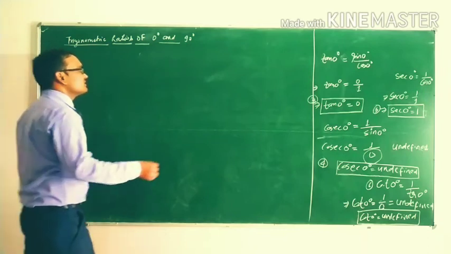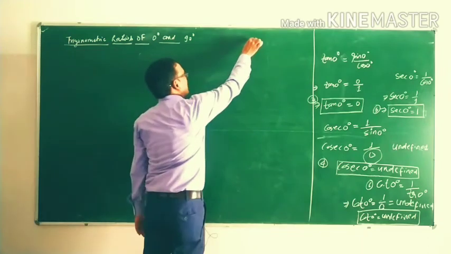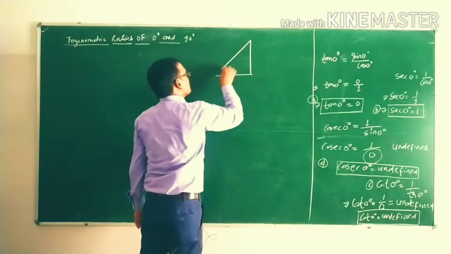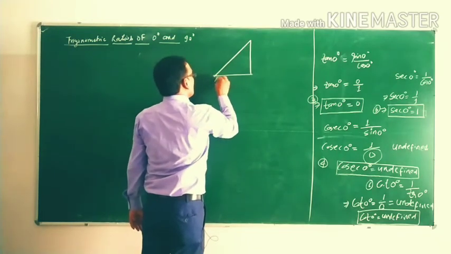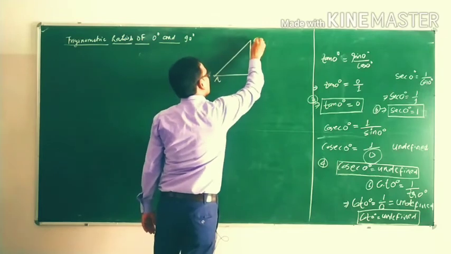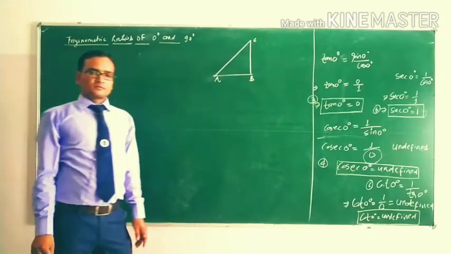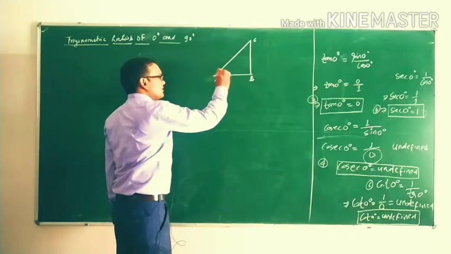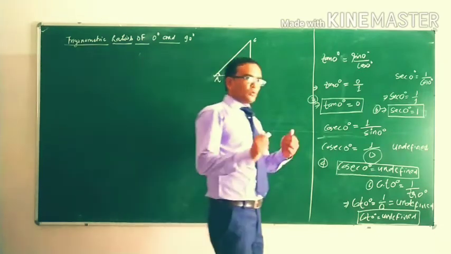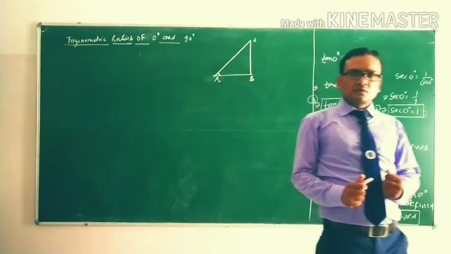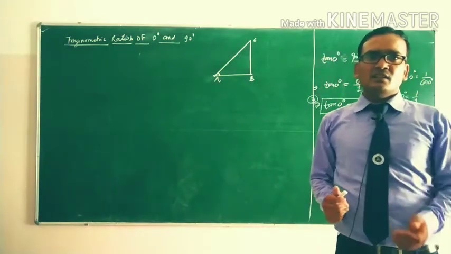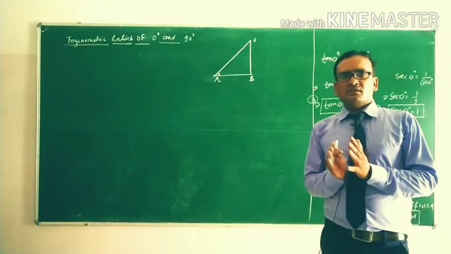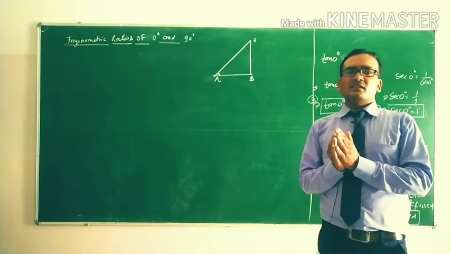Okay, students? Suppose in a right angle triangle ABC, angle A varies to 90 degrees. That means angle A gets to 90 degrees.